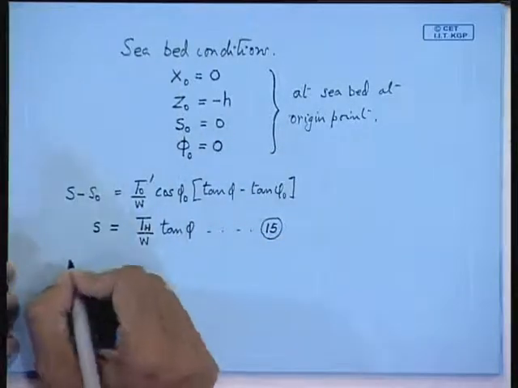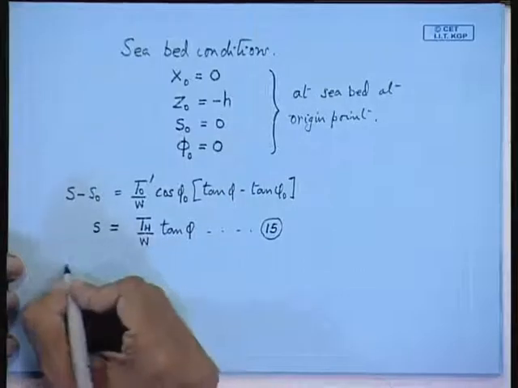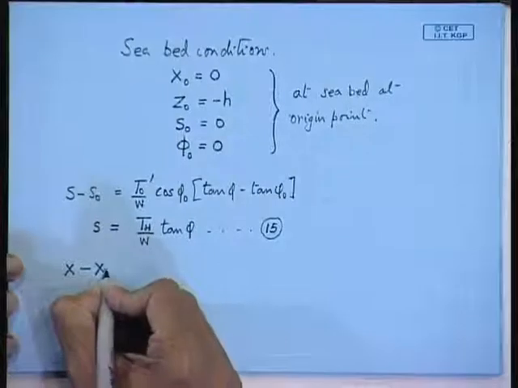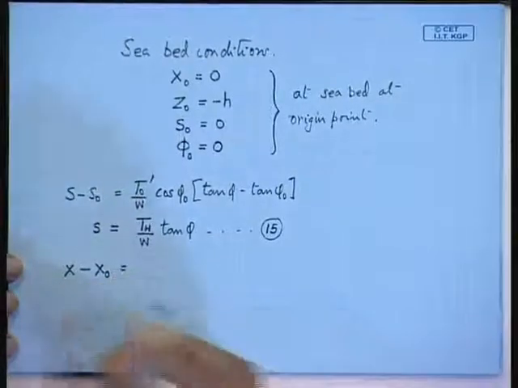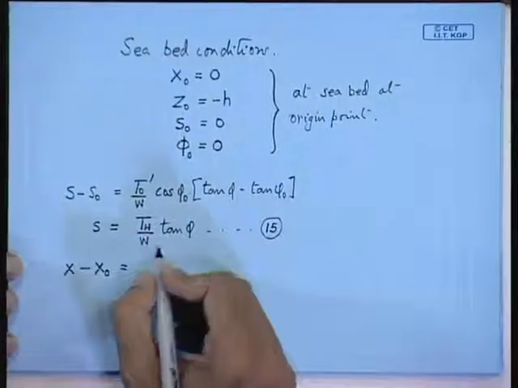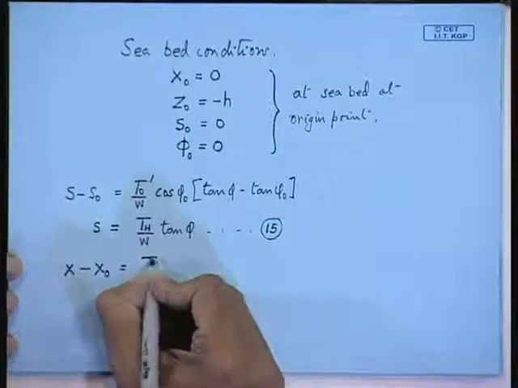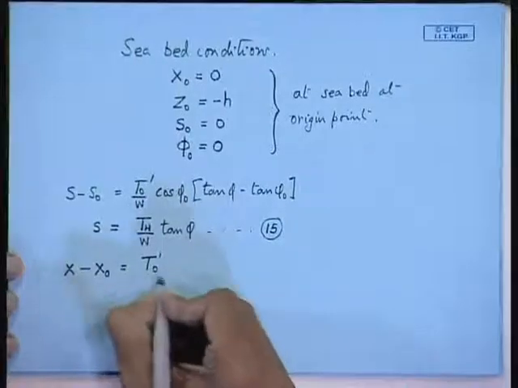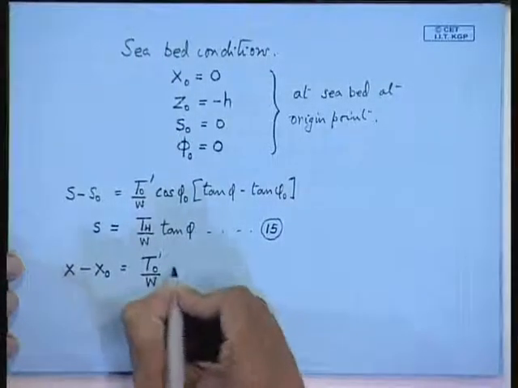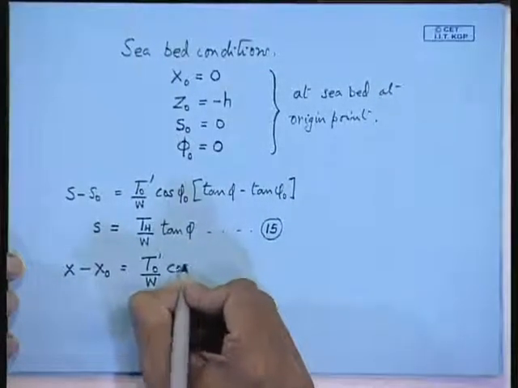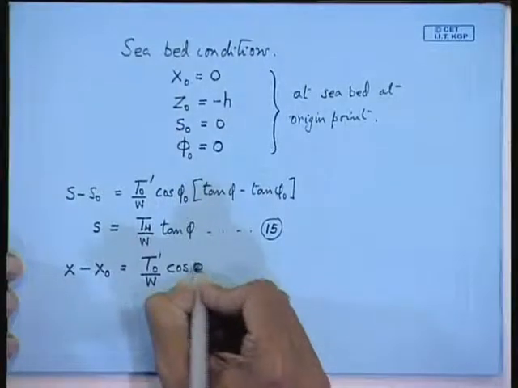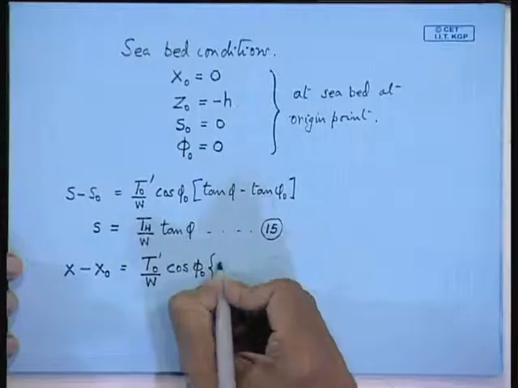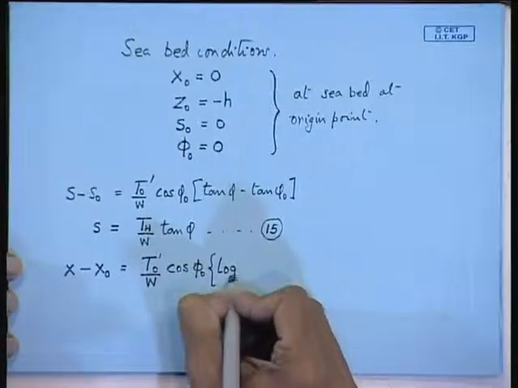Now, from the horizontal distance, you simplify and put in the boundary conditions. So, x minus x naught is equal to, I derived this last class. Since most of you are coming late, I am just repeating, but we will start with this.